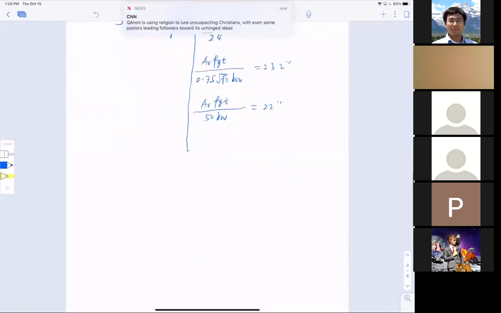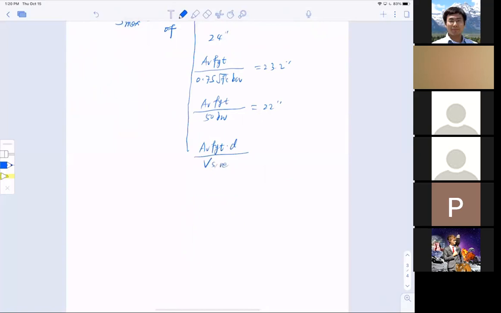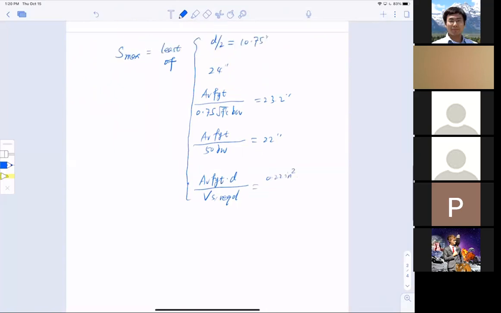But don't forget, there's a calculated one. The calculated one says that s is Av fyt multiplied by d, the depth, divided by Vs required. So Av is 0.22 inch squared. Why do I keep using all these numbers?